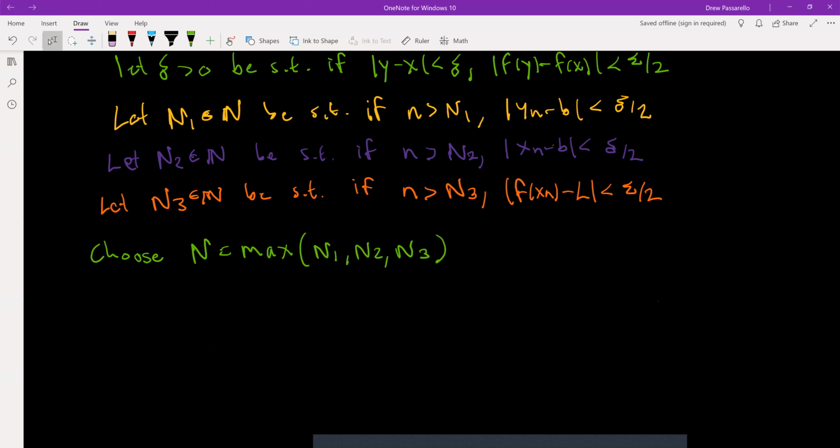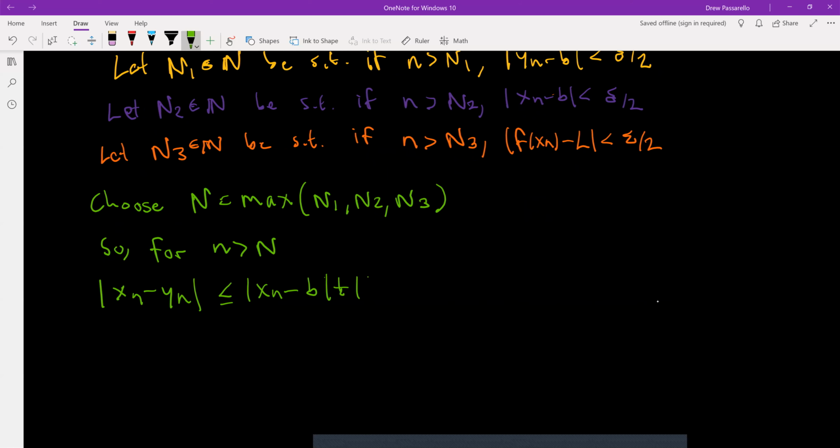Then for little n bigger than capital N, we have the absolute value of xn minus yn, which is less than or equal to the absolute value of xn minus b plus the absolute value of b minus yn.